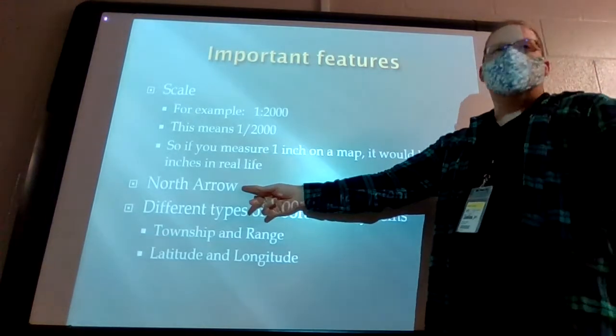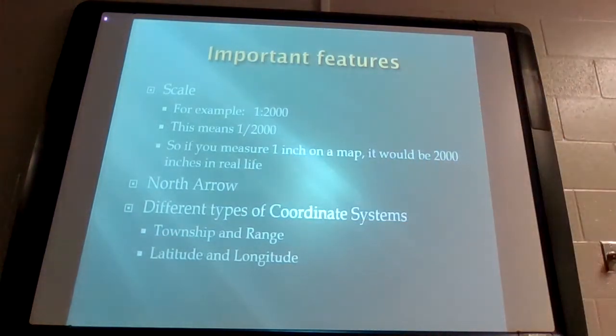You need to know which way is north. That's a common feature in all maps. This one has the north arrow, where, I don't know if they're showing the north arrow. Even if there's not a north arrow, which most of the time there will be, almost all maps are made with north oriented up.